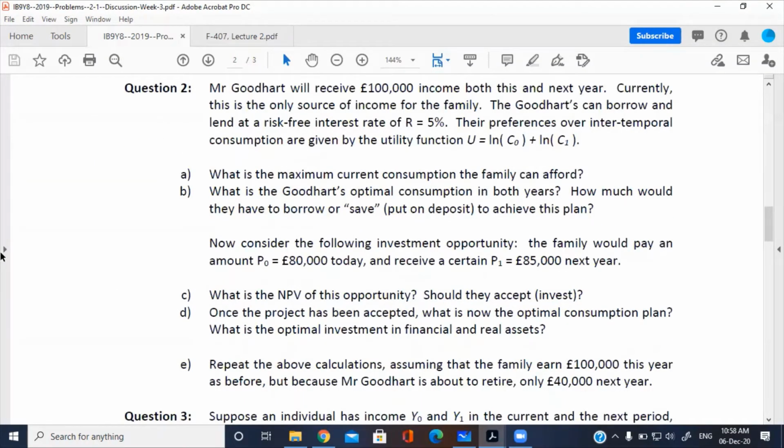Okay. Now question 2, which is related to the application of the first order condition that we derived in the previous session. Think about the purpose very carefully so that you will not be confused about what you are doing in this session.